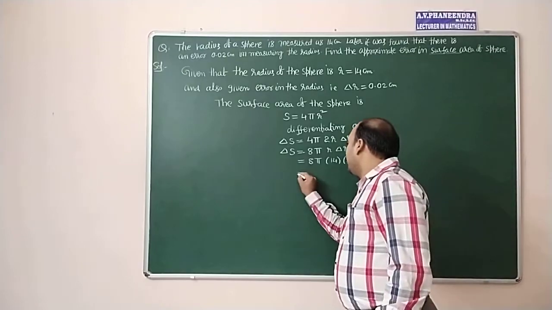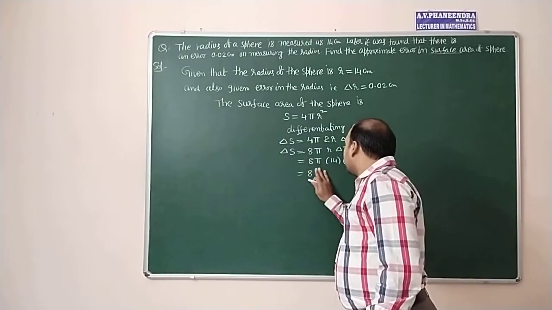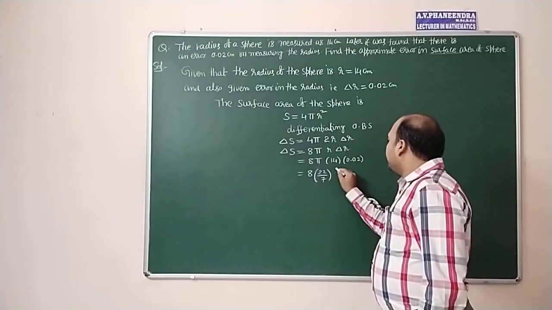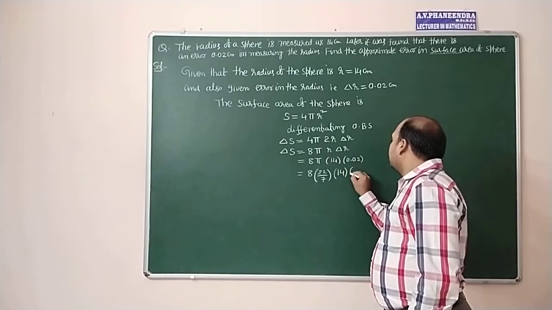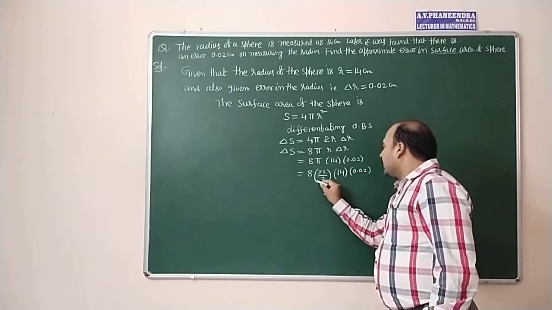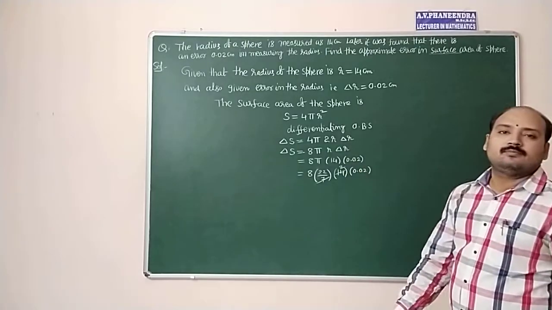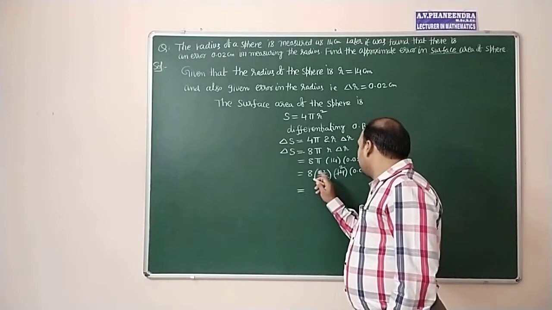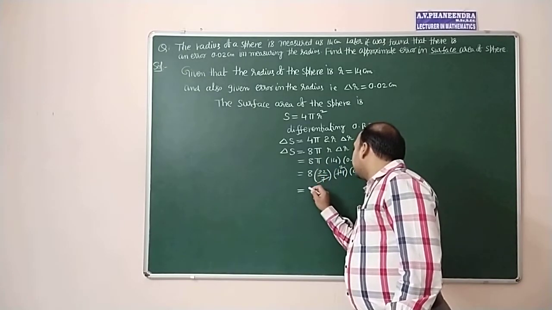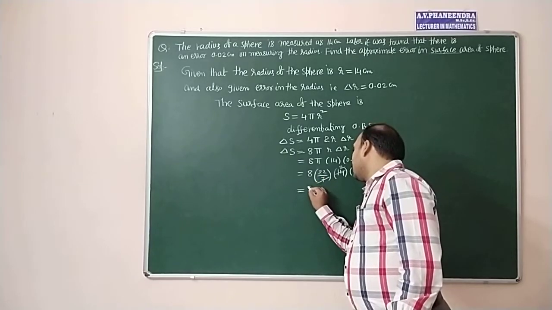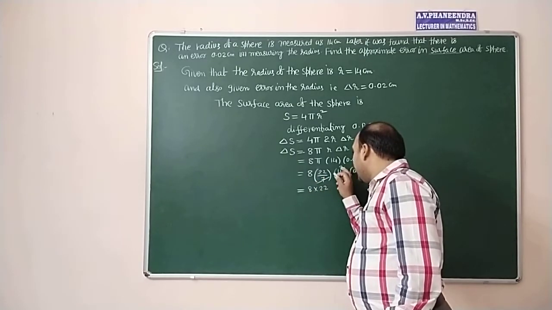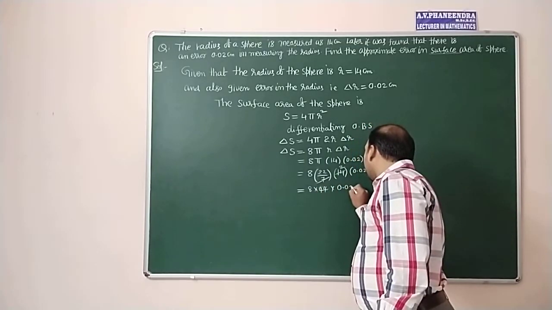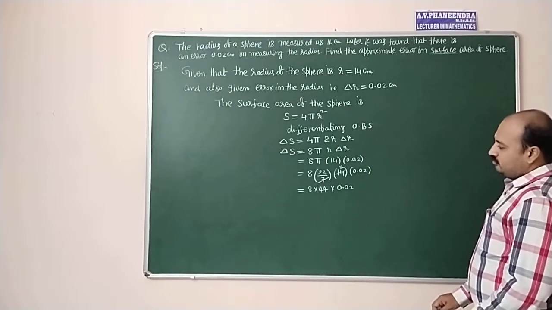So we can write 8 into pi, pi means 22 by 7, into 14, into 0.02. 7 ones are 7, 7 twos are 14. Now 8 into 2 is 16 into 22. So 8 into 44 into 0.02.